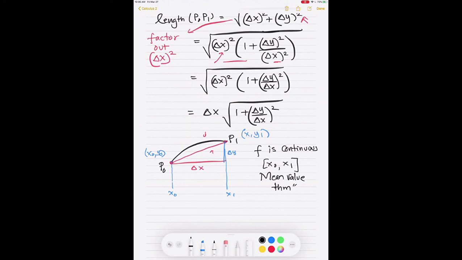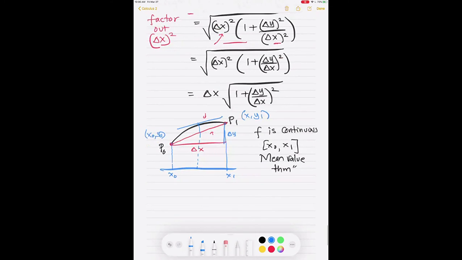That if you have a closed interval, and if a function is continuous, then there is at least one point in here so that the tangent here is parallel to the line joining the ends. How does it apply here? Well, delta y over delta x is the slope of the red line.